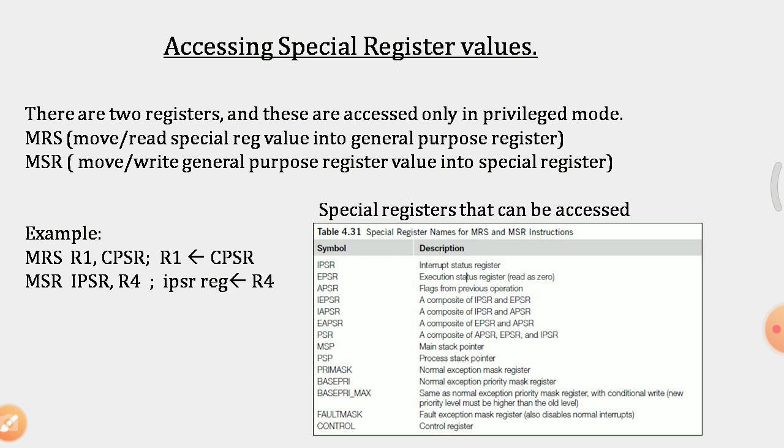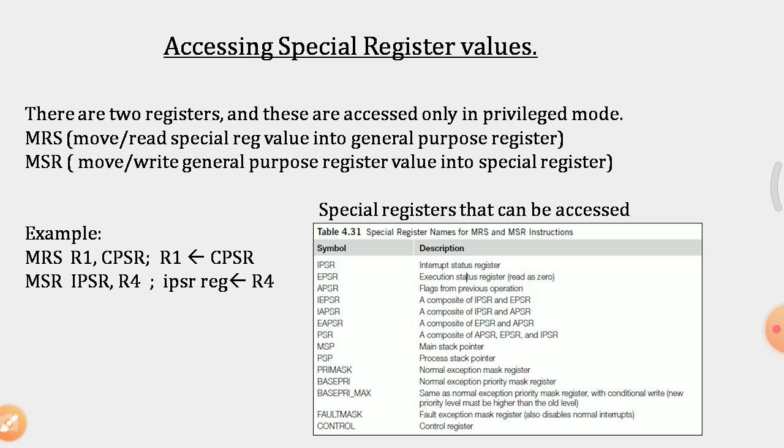We also have the stack pointers, main stack pointer MSP and process stack pointer PSP, and PRIMASK and BASEPRI. So many special registers are there. To read and write values from or into these, we use these two instructions, MRS and MSR.